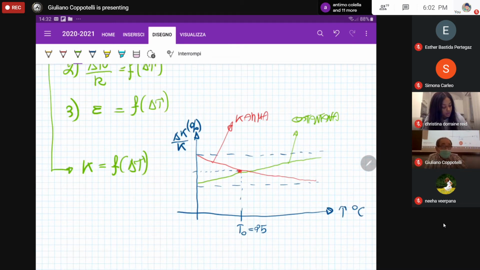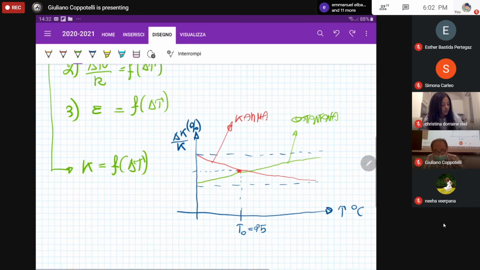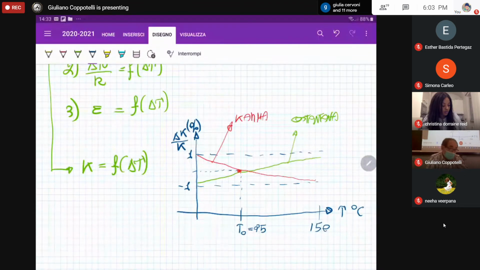The variation of this strain gauge factor is not that much. Here we are having plus 1 and negative 1 bounding. The temperature ranges are of about 150. Here you can go down a little bit to negative 50, no more than that.